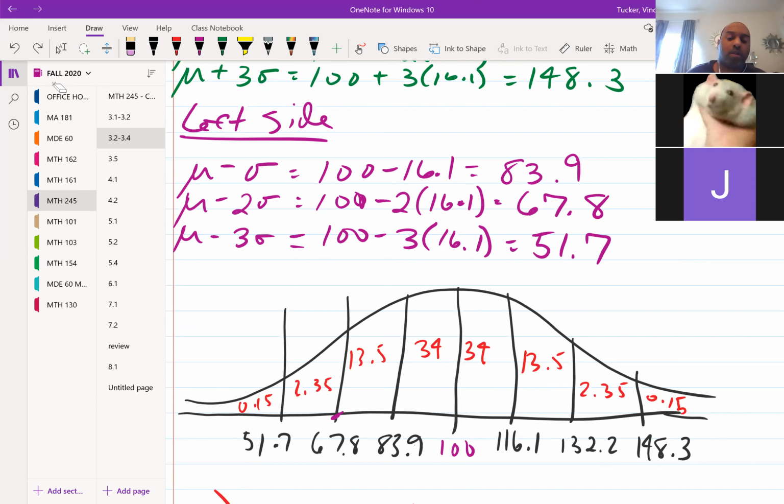But notice what we're going to fill in are the numbers down bottom. So we have our mean in the middle, which was 100. And on the right side of our mean, 116.1, 132.2, 148.3. Then on the left side of our mean, 83.9, 67.8, 51.7. So before we look to answer those questions on how we set up our empirical rule.